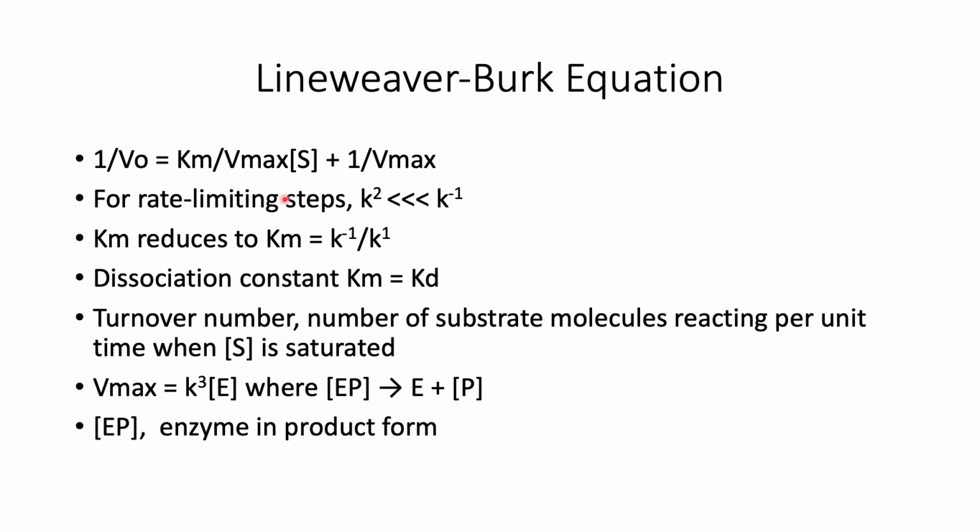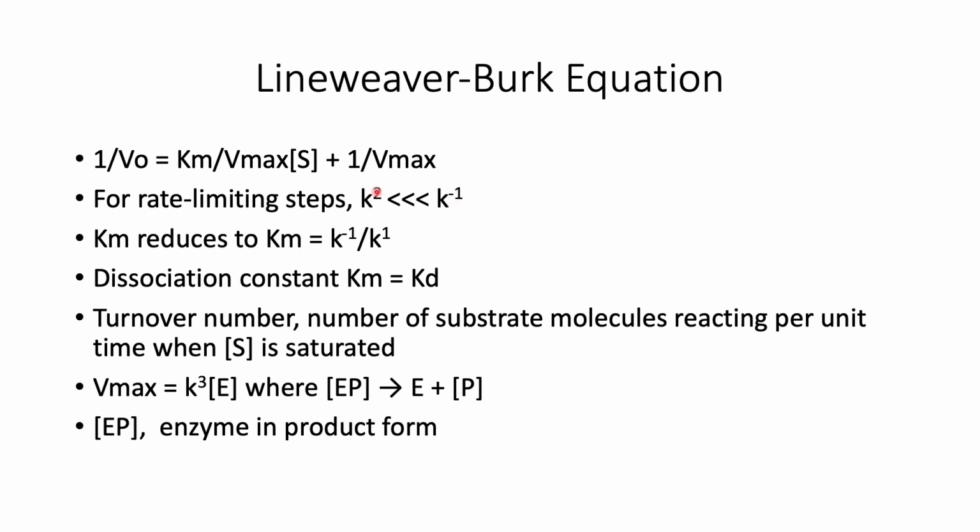For the rate limiting step, the K2 has to be much less than K1 or K minus 1 by definition. K minus 1 was the breakdown of the enzyme substrate complex going in reverse form to the substrate and enzyme, not the forward reaction, but the reverse reaction.